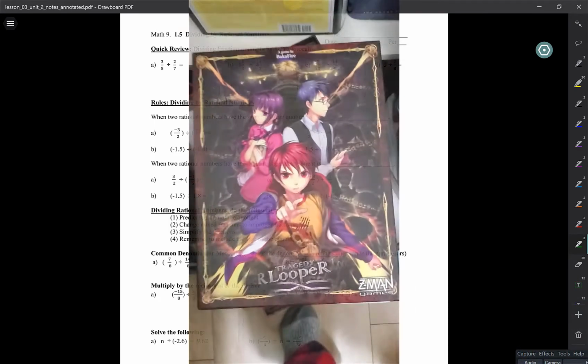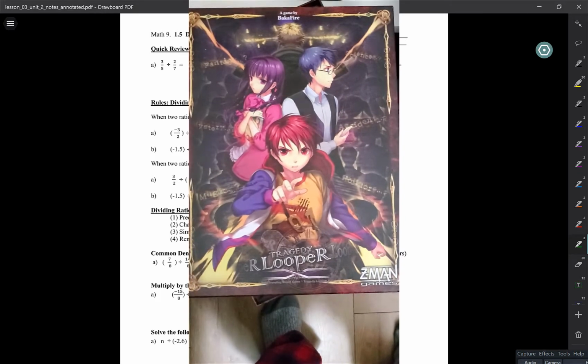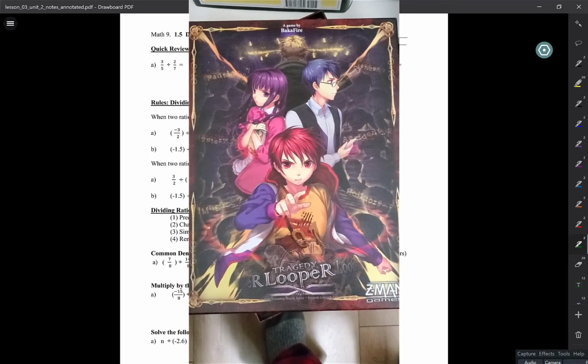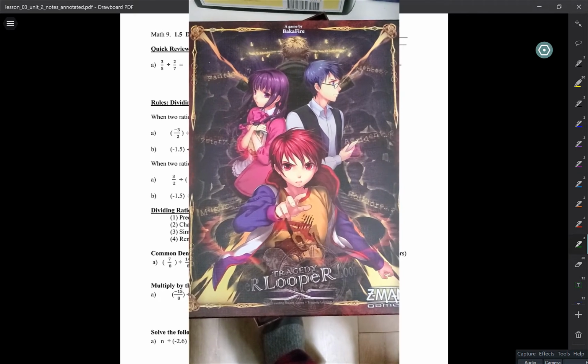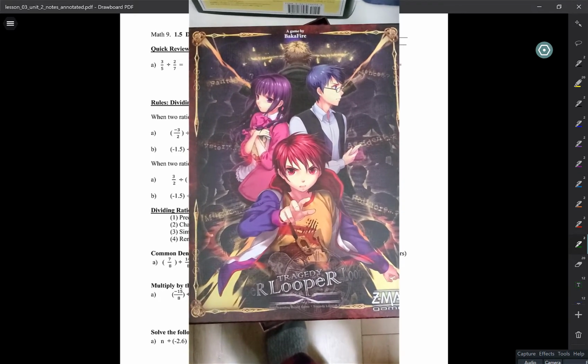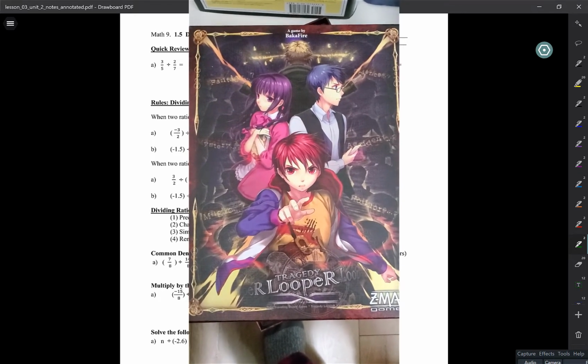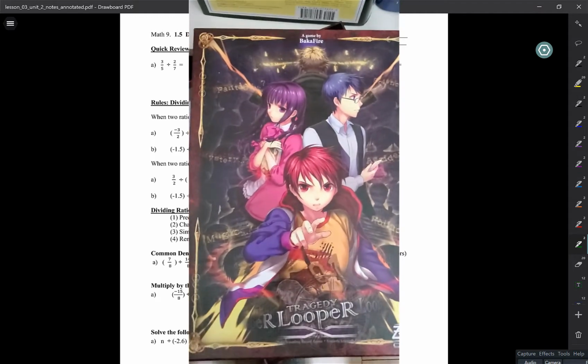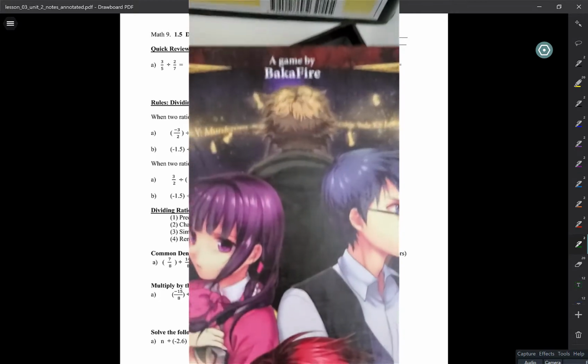So here's the board. It looks very pretty, good artwork, and it's called Tragedy Looper. The game is about 3 protagonists, as you can see in the front. They are trying to solve a mystery or to prevent a tragedy from happening. The person causing the tragedy is this mysterious person here in the back. He's called the Mastermind.